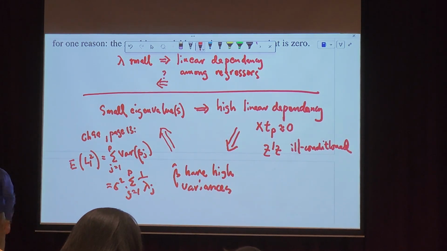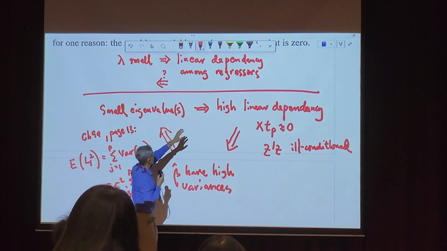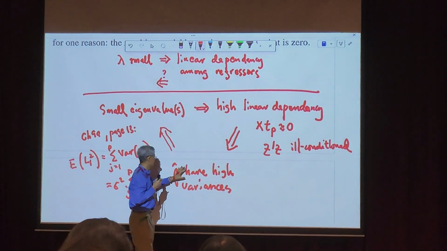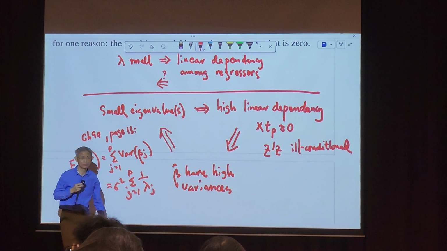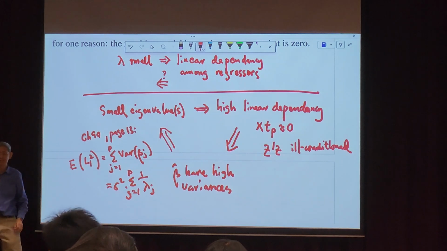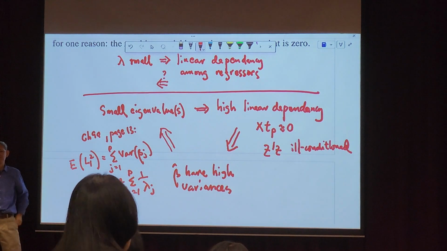So now it's clear that these three ideas, small eigenvalue, high linear dependency, and beta having high variances, are all related. To be more precise, if any one of them is true, the other two are true.